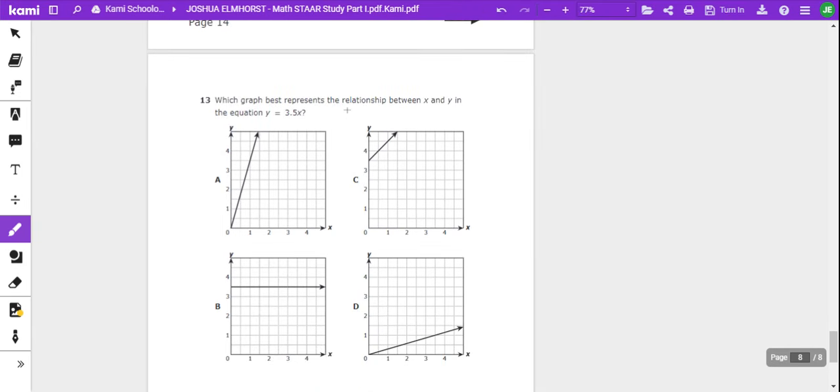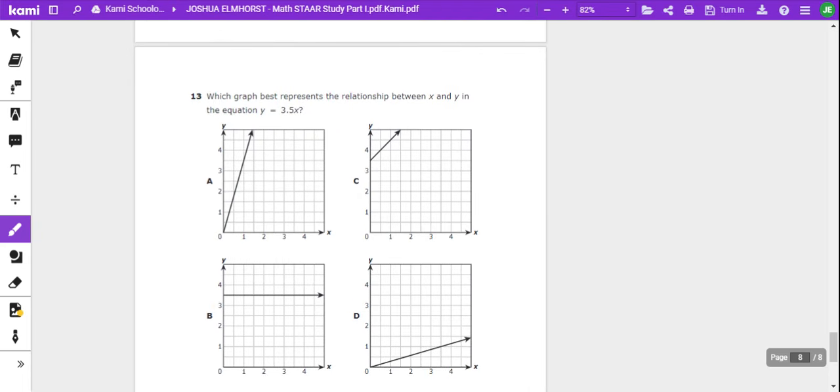So which graph represents y equals 3.5 times x? So on this one, an input-output table would be helpful. X and y. So if we start with 0, 1, and 2 for x, that would help us out.